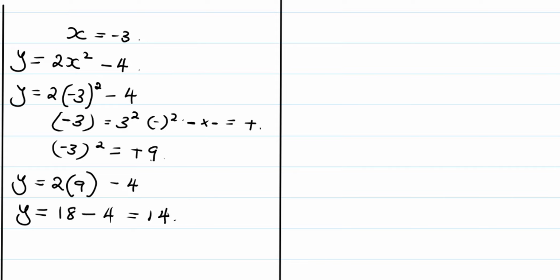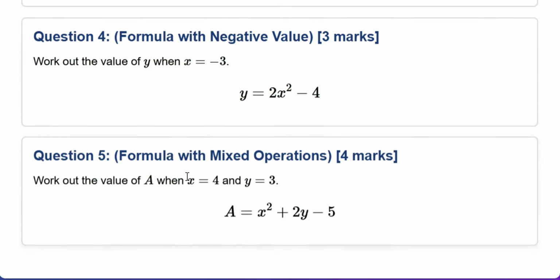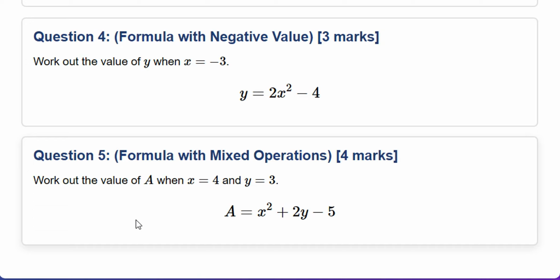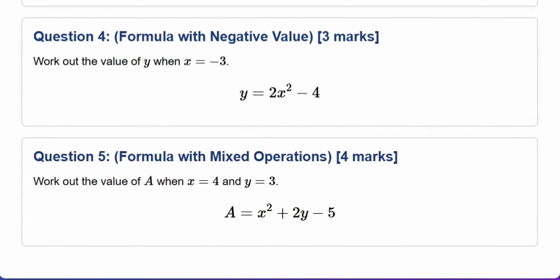So can we try the last question, question 5, which is more complex than all the other questions. So in question 5, you are told, work out the value of a when x is equal to 4 and y is equal to 3. And then you are given a is equal to x squared plus 2y minus 5.